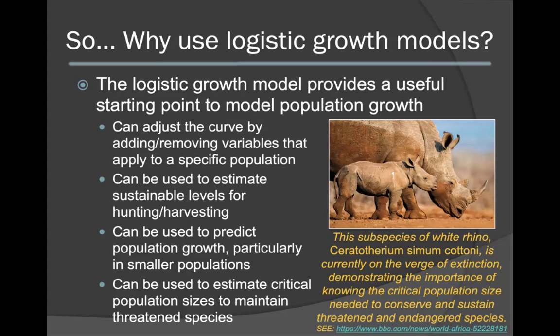In addition, these models can be used to estimate critical population size. These critical population sizes may be important in maintaining threatened or endangered species. For instance, a subspecies of white rhino is currently on the verge of extinction, demonstrating the importance of knowing what a critical population size is in order to conserve as well as sustain threatened and endangered species.